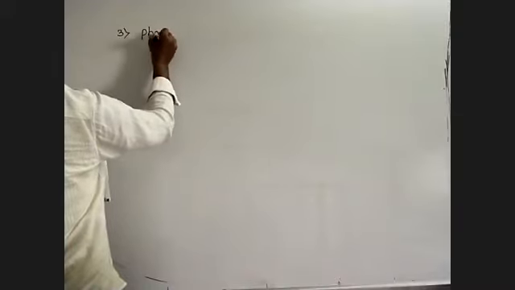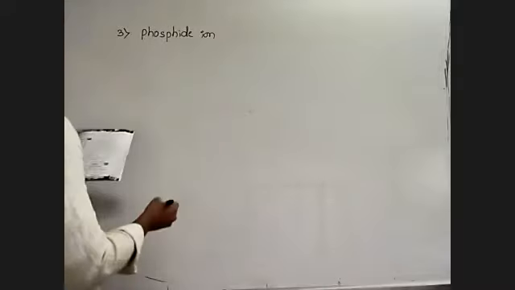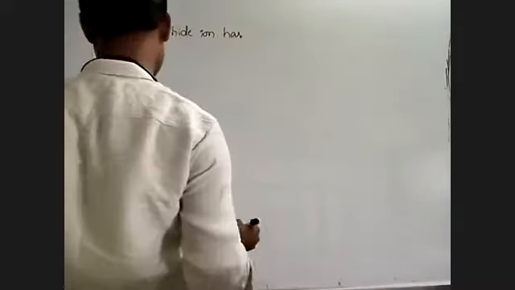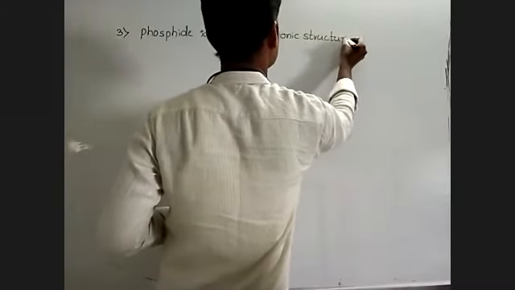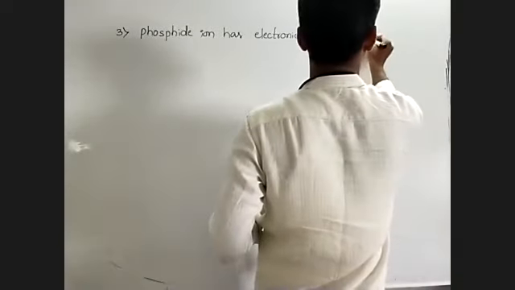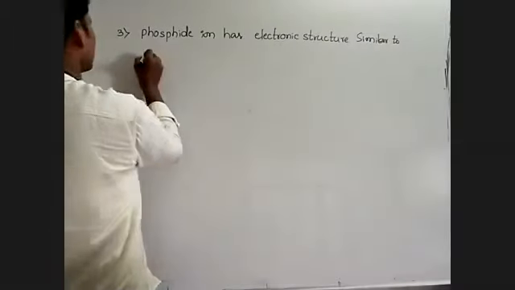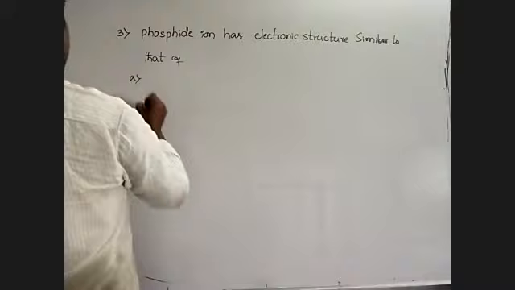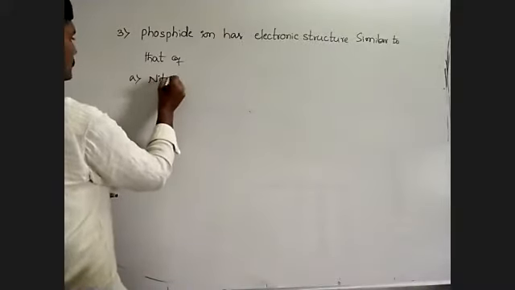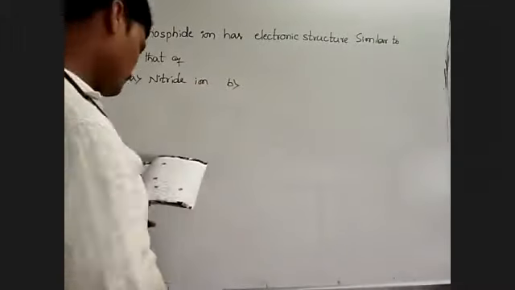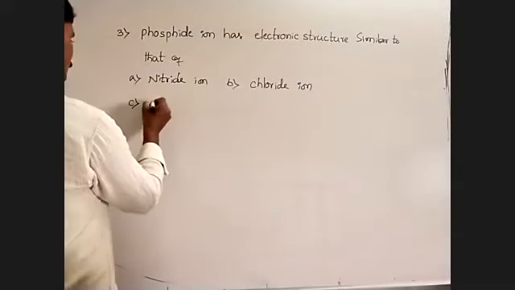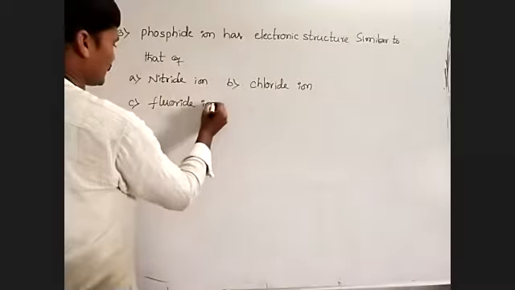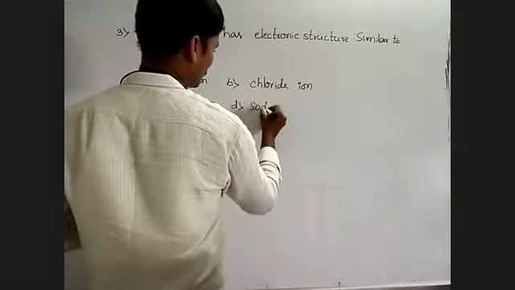Third one. Phosphide ion has electronic structure similar to that of: A, nitride ion, B, chloride ion, C, fluoride ion, D, sodium ion.